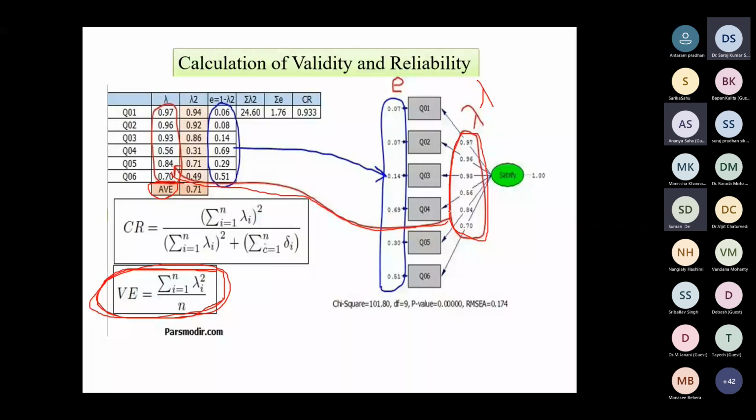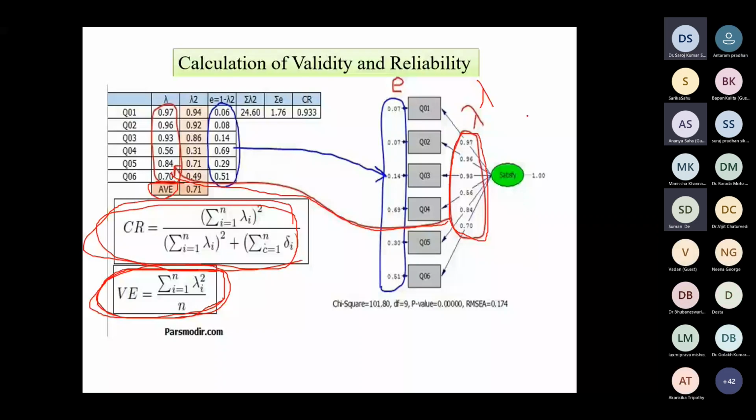Now we will go to CR, composite reliability. Look at the formula. What is composite reliability? Somebody's microphone is on, please switch it off. Composite reliability is summation of lambda square divided by summation of lambda square plus summation of error.